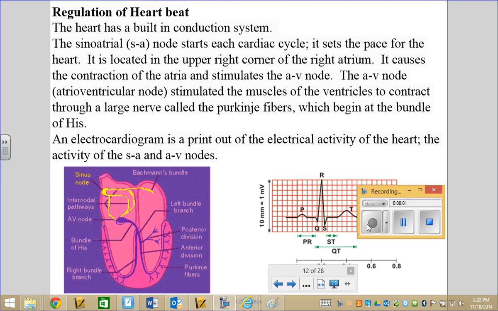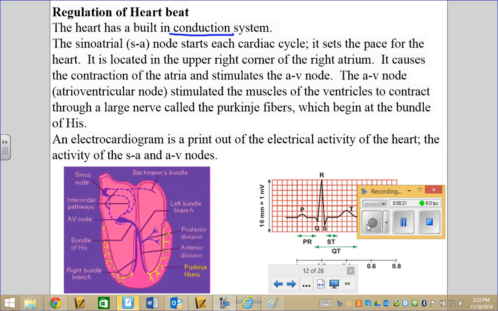To start with is how your heartbeat is regulated. So what controls the beating of your heart? So that you know, your heart has what we call a built-in conduction system.